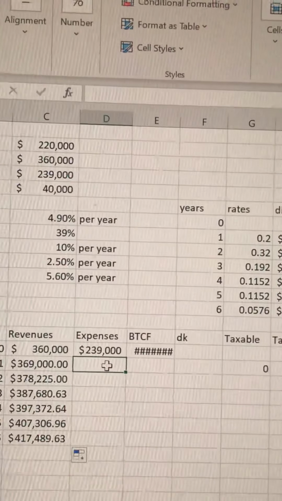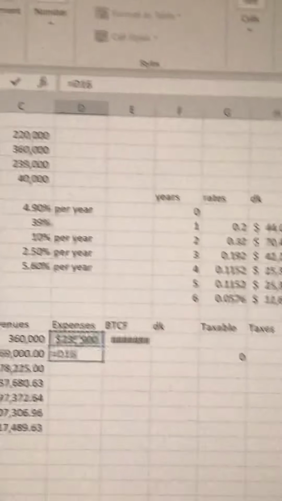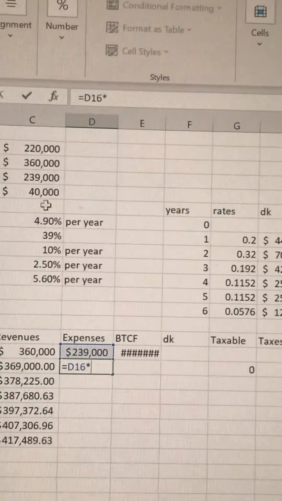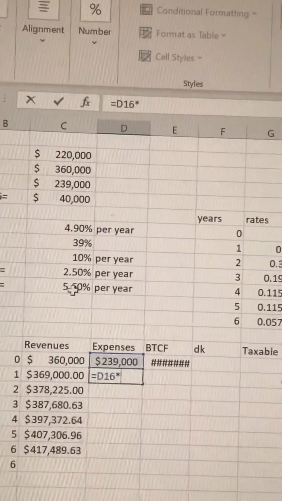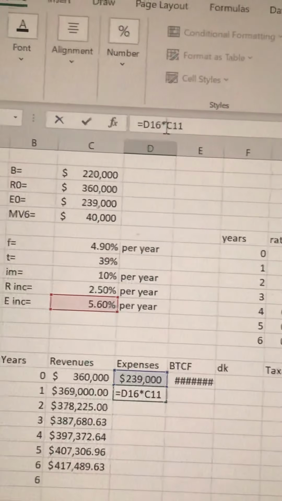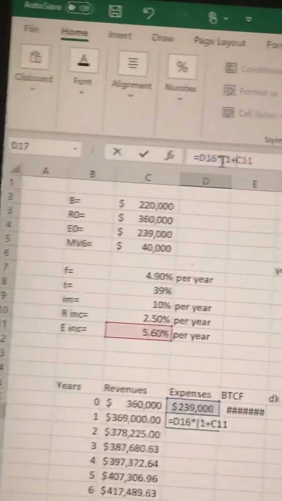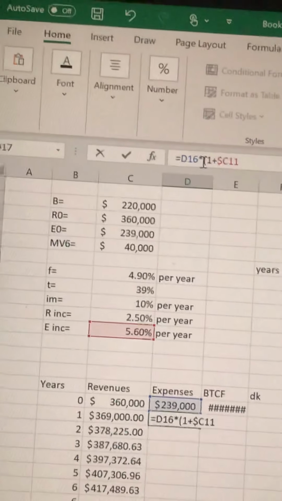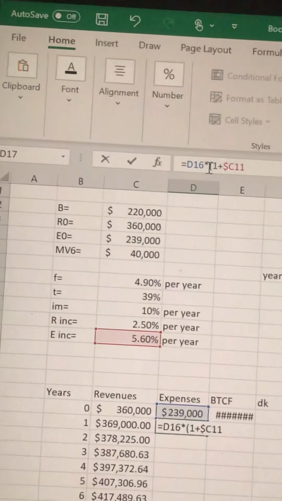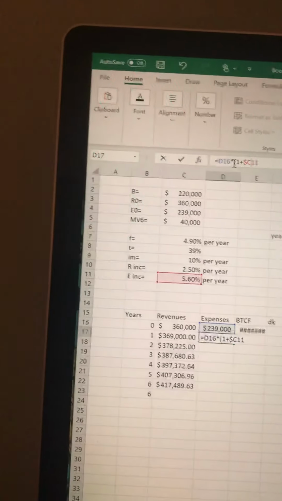So we're going to do the same thing for here, except the increase in expenses equal to the original year 0 expense times the parentheses, can't forget the 1 plus this value, so that it's multiplying not just by the change, it's also finding the additional value.